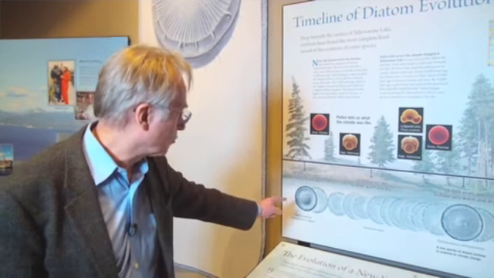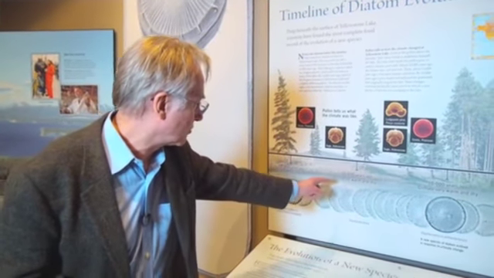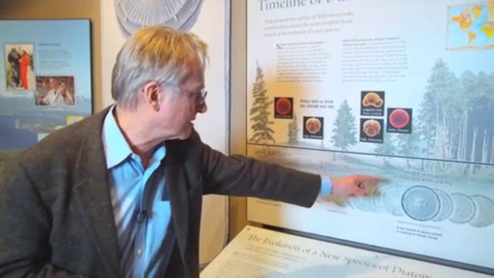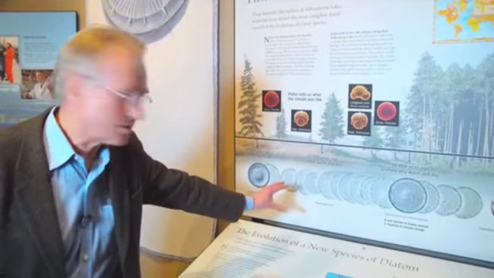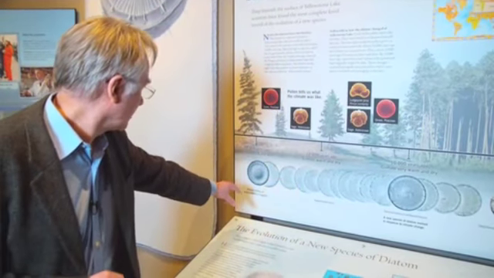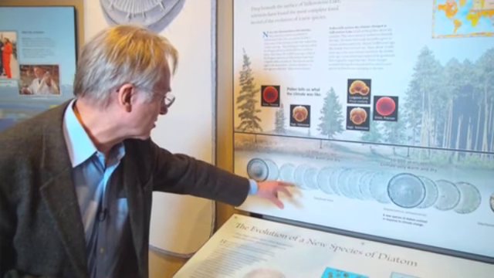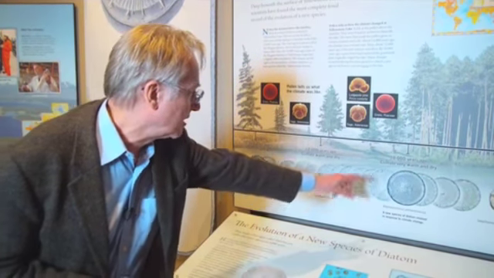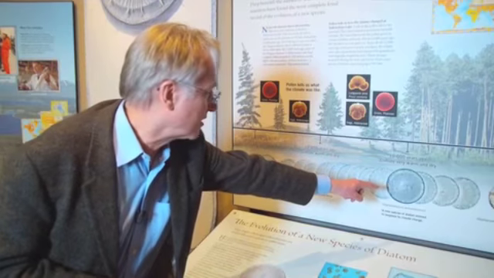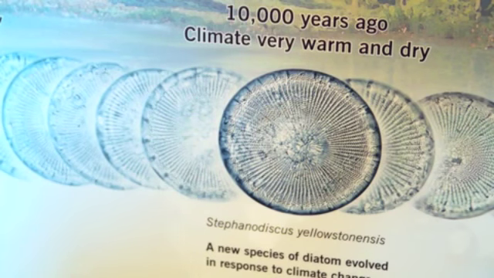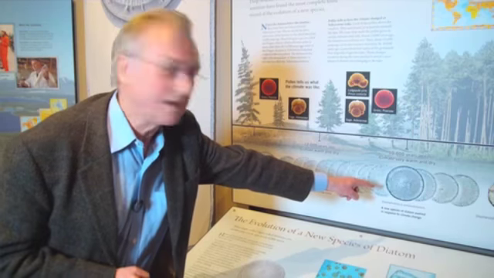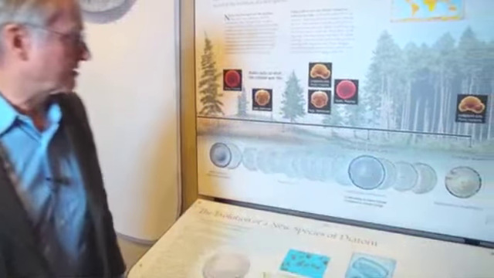But as you look in more and more recent core samples, 12,000 years, 10,000 years, you get a gradual change from Stephanodiscus niagarae, gradually changes through all these transitional forms. At about this point, 10,000 years ago, it becomes recognizable as yellowstonensis, and goes on to today, where it is yellowstonensis.